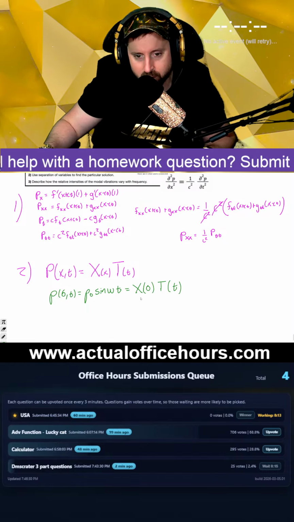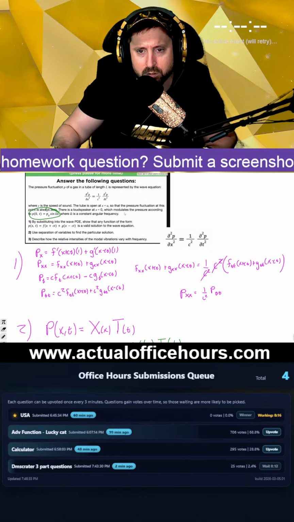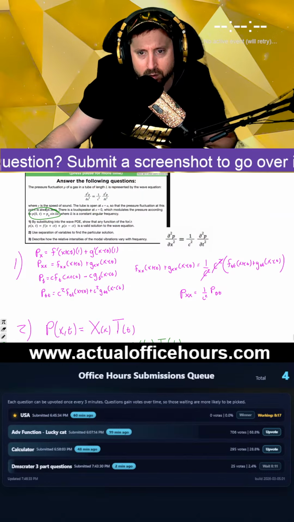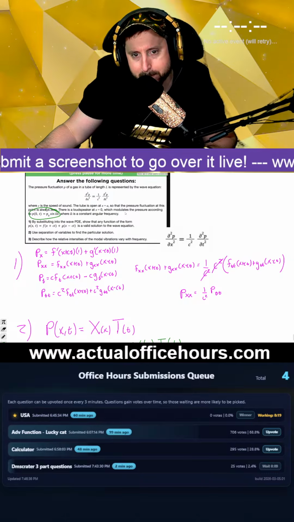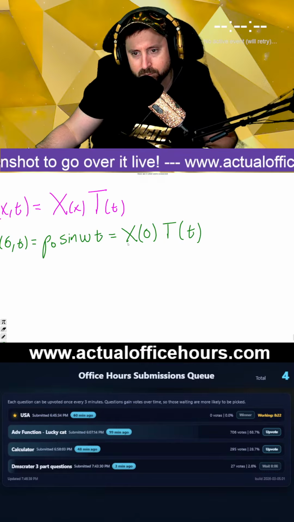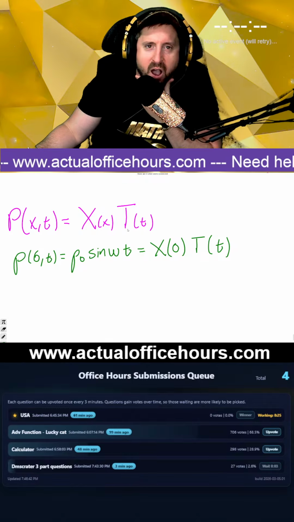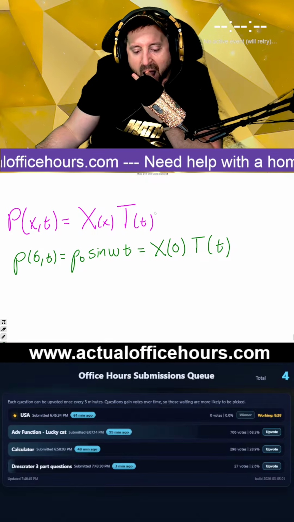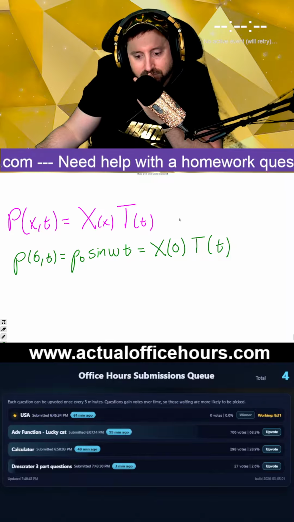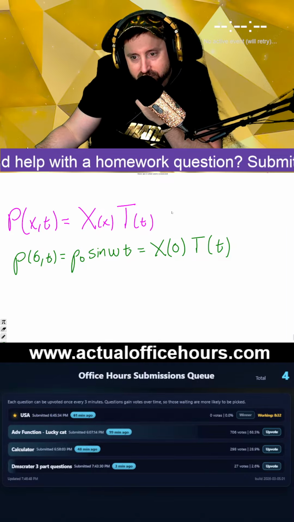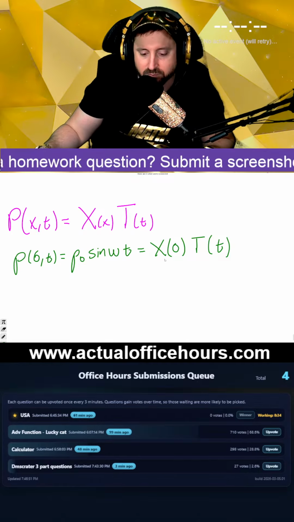And then do I want to use the other condition, the one at x equals a? We're not going to use that just yet. What is nice about this, and this is just to make our life easier so we solve fewer equations, is that X naught is going to be a constant.